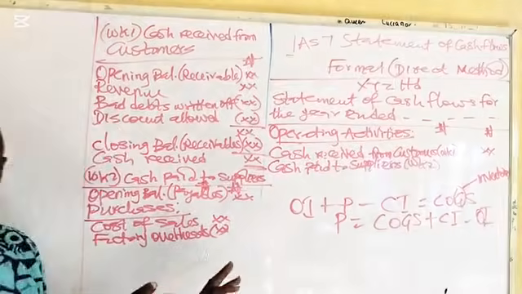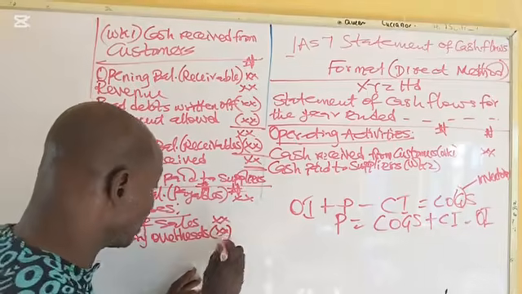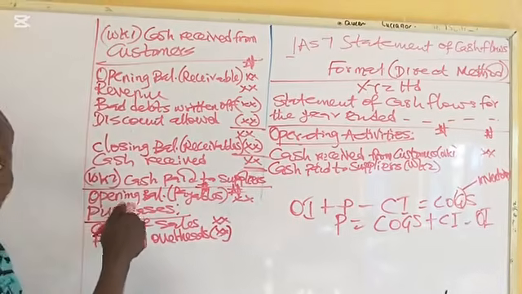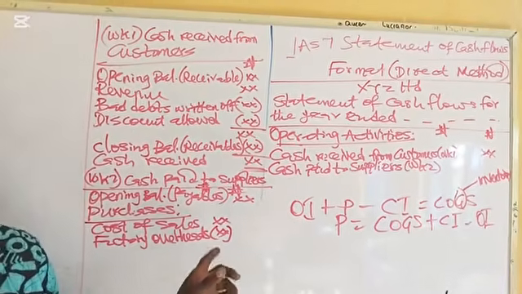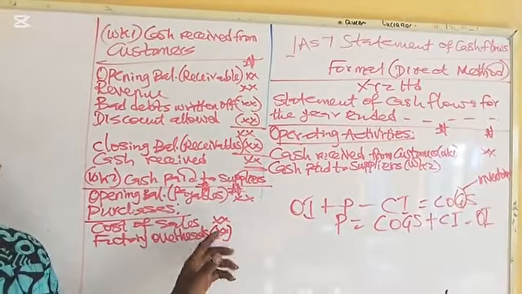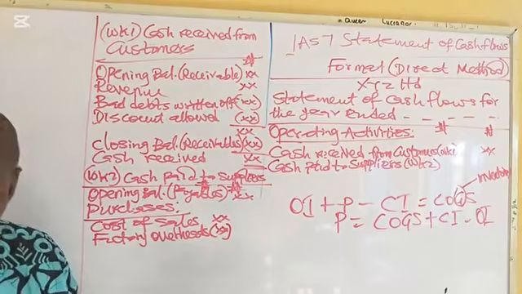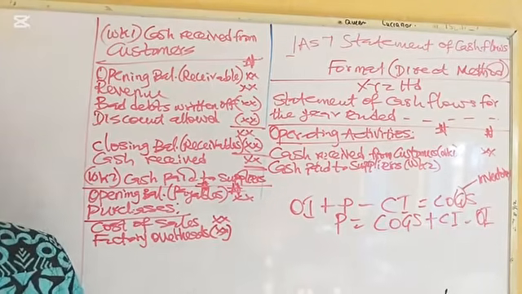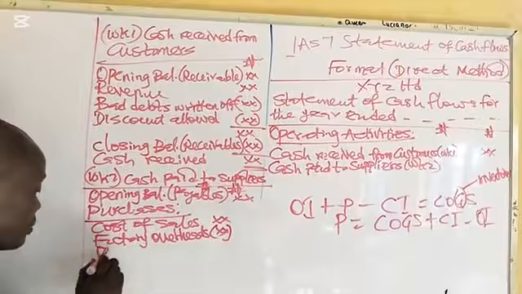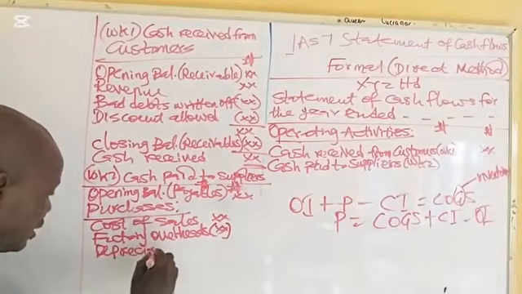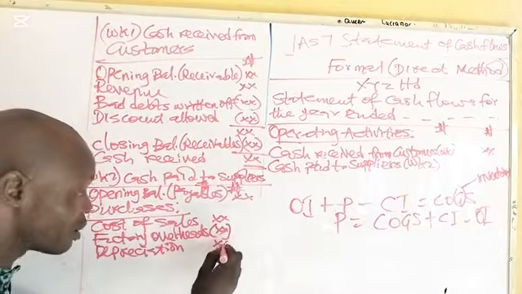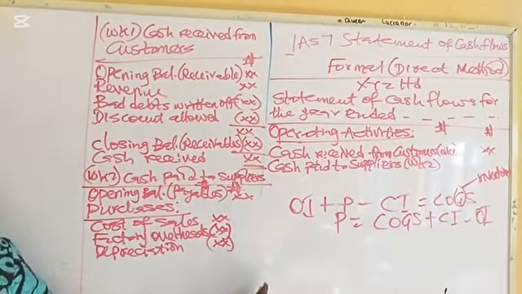So you remove it, because what we want to get is goods, is purchase. Purchases are goods. So anything that doesn't relate to goods, you need to remove them. If depreciation has been included in cost of sales, you remove it.